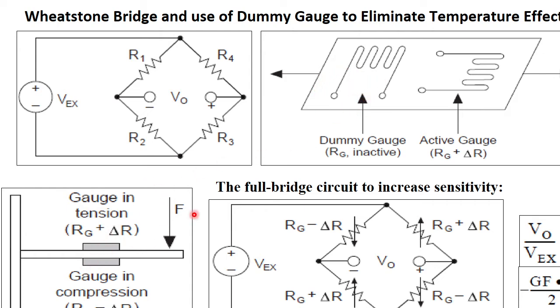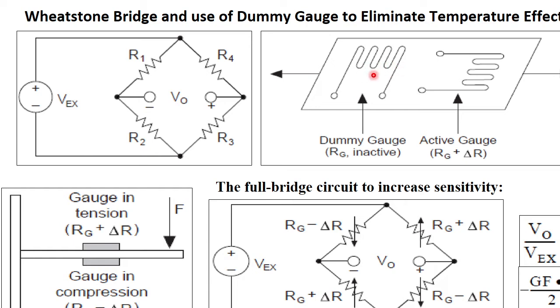on both top and bottom surfaces, these two strain gauges are used. So here one is along the direction of stress, the other one is transverse to the direction, and the strain which this transversely oriented strain gauge will experience is nu times, that means Poisson's ratio times the axial strain.